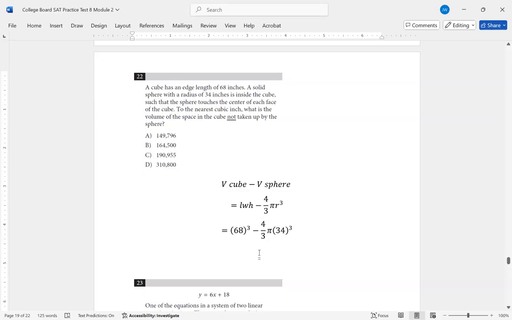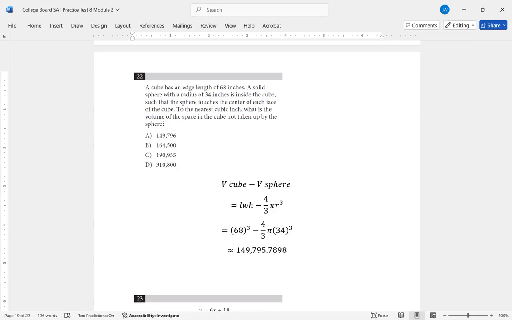So that's it. And now we just have to calculate. Plug this into your calculator. You get approximately, this is going to be a rounded number, 149,795.7898 if I round out to 4 decimal places. This says to the nearest cubic inch. So what we're trying to do is round to the nearest whole number because this is in cubic inches.